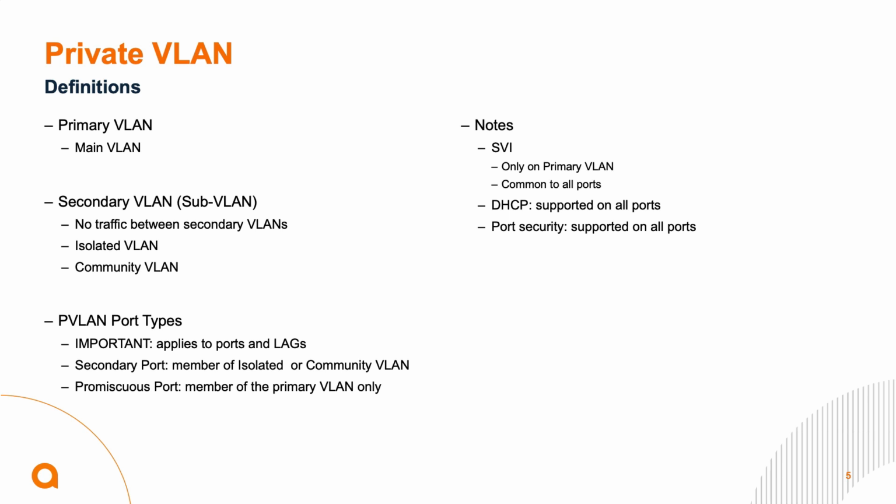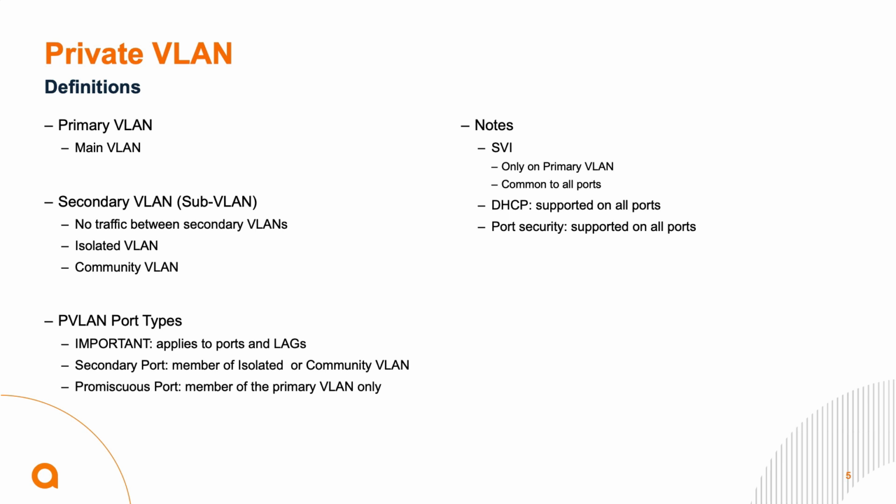Some additional notes: as we said before, the VLAN interface is the same for all the ports, and it is part of the primary VLAN. So you define the VLAN interface for the primary VLAN, and it becomes the VLAN interface for all the secondary VLANs.